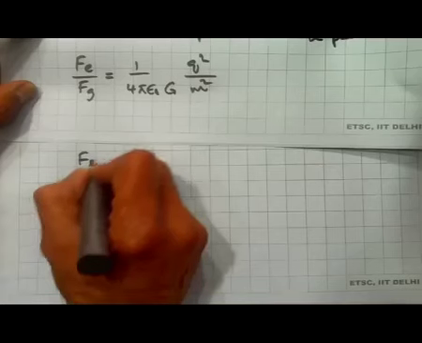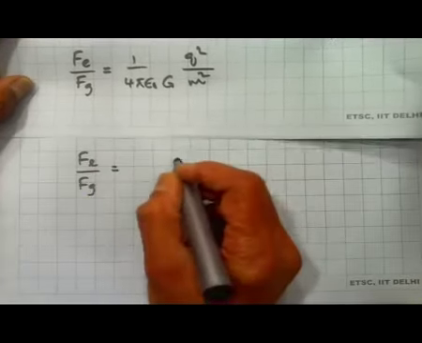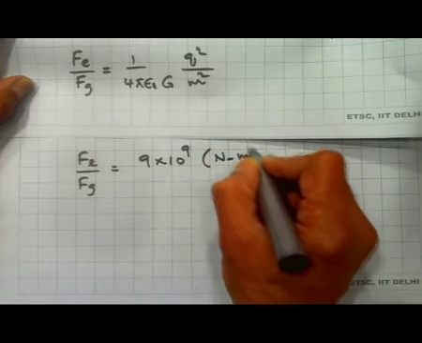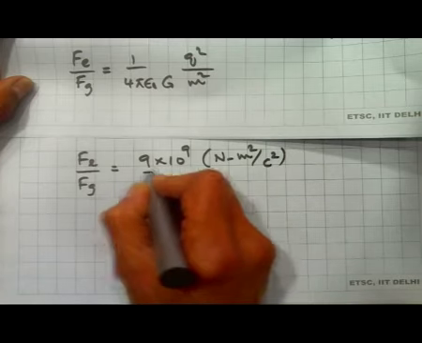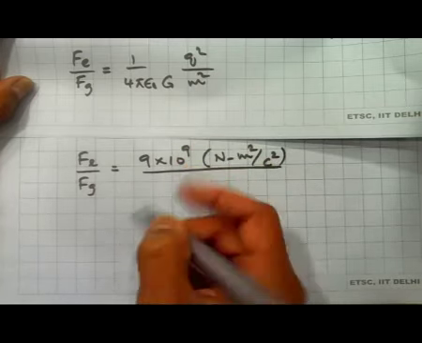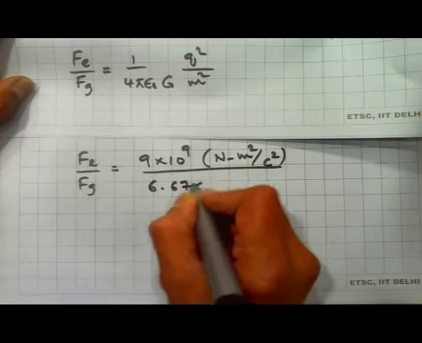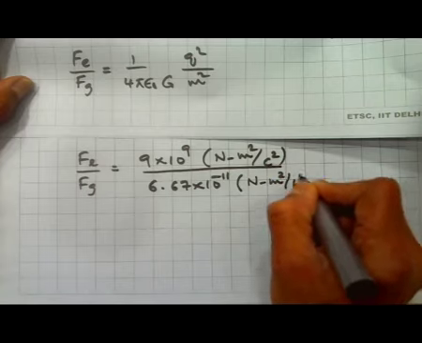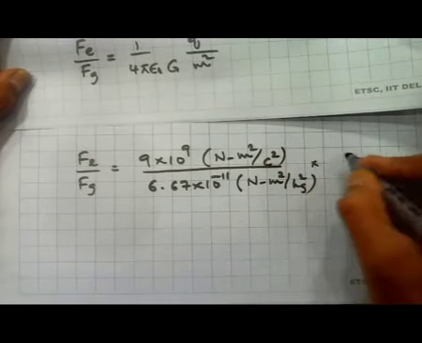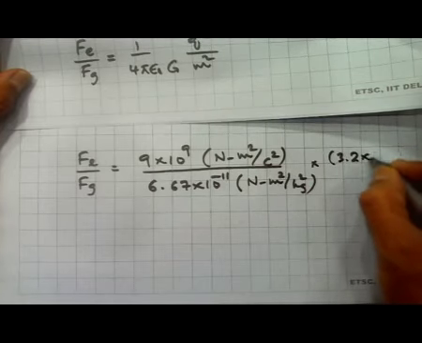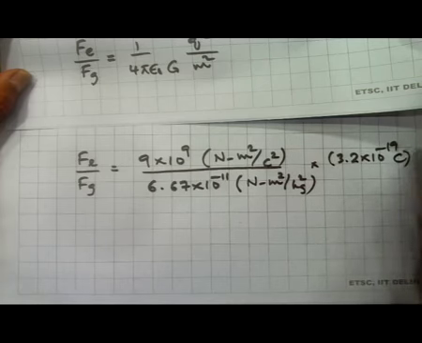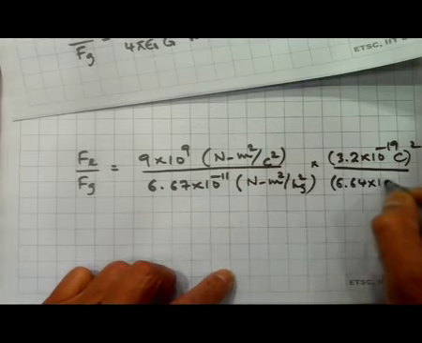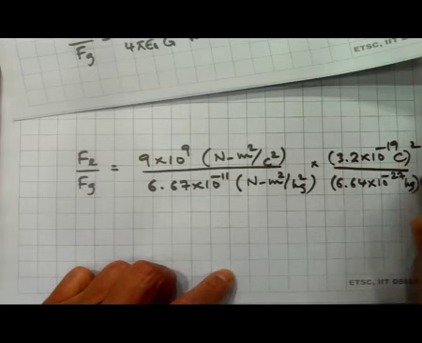So, F_e by F_g is equal to 1 by 4 pi epsilon 0, which is approximately 9 into 10 to the power 9 newton meter square by coulomb square, divided by the gravitational constant 6.67 times 10 to the minus 11 newton meter square by kilogram square, into q square, so 3.2 times 10 to the power minus 19 coulomb square, divided by the mass square, which is 6.64 times 10 to the power minus 27 kilogram square.